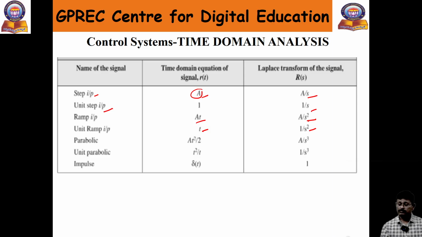So just the constant value will disappear, that's all, right? Next, parabolic, it is t square by 2, so a by s cubed. If it is unit parabolic, 1 by s cubed, right? Coming to the impulse, it is a very small instant value, so it is a constant value. For the exam point of view, this table is very useful, right?